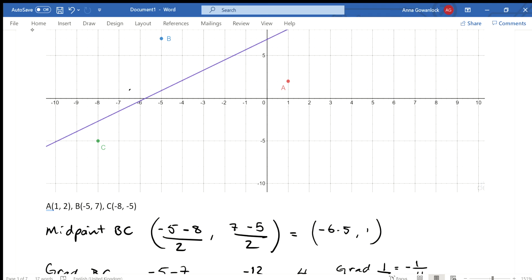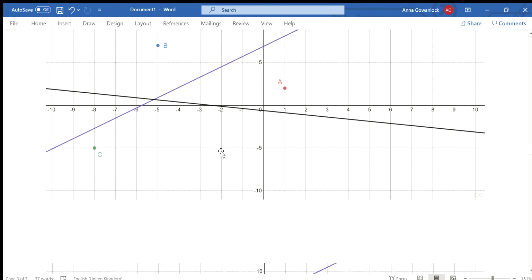So every time we go along 4, 1, 2, 3, 4, we go down 1. 1, 2, 3, 4, go down 1. Okay, and then you can join those 3 points with a line, and so you don't have to tolerate my bad drawing. Here it is.